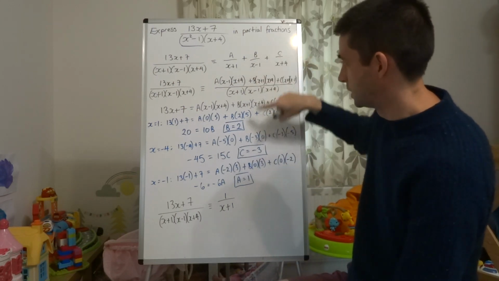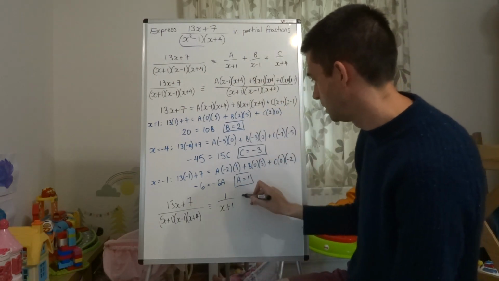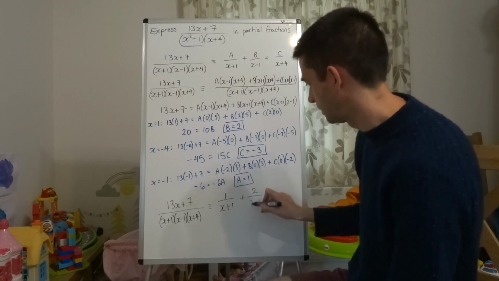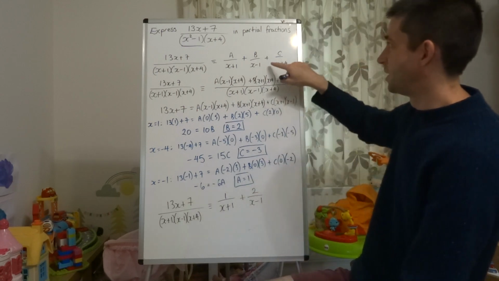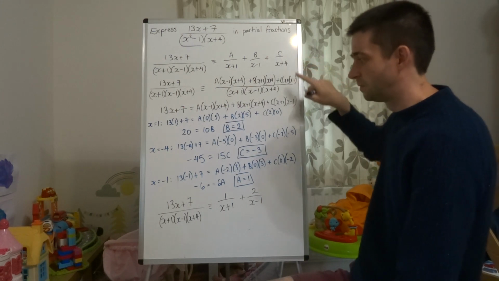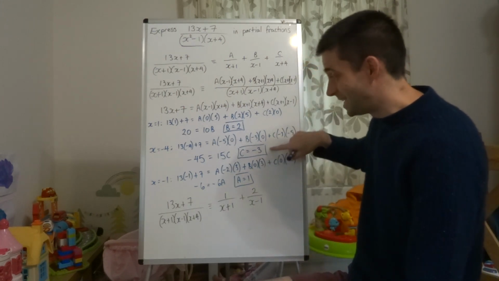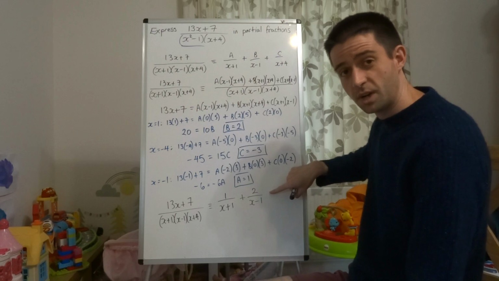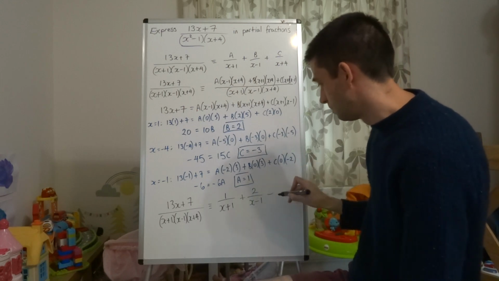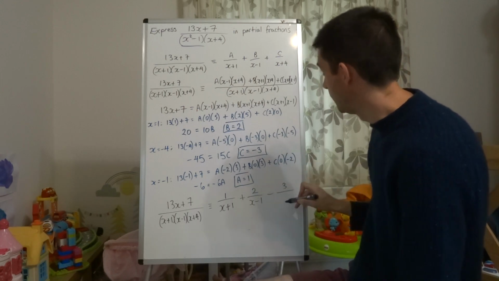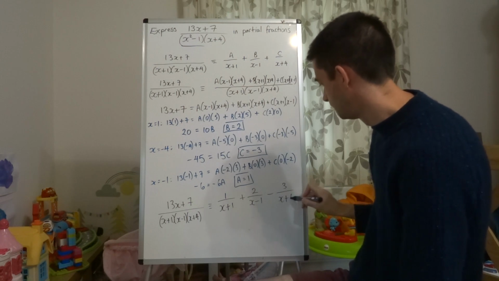Plus b over x minus 1, b is 2, so plus 2 over x minus 1. And finally, plus c over x plus 4. However, c is negative 3, so rather than writing plus here, I'm just going to put minus there, and then put 3 over x plus 4.